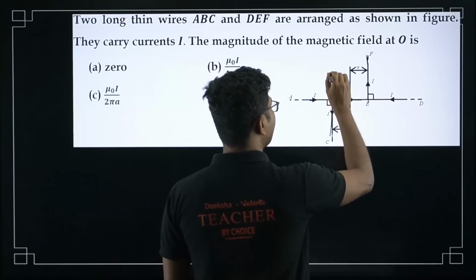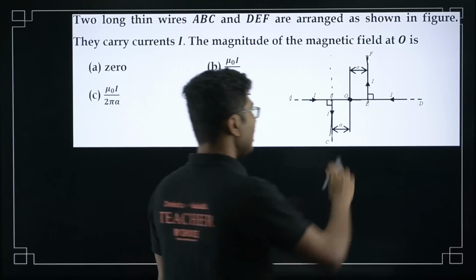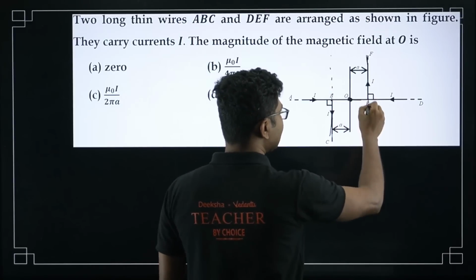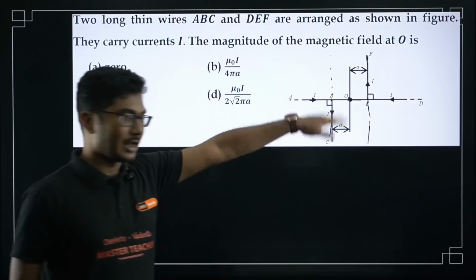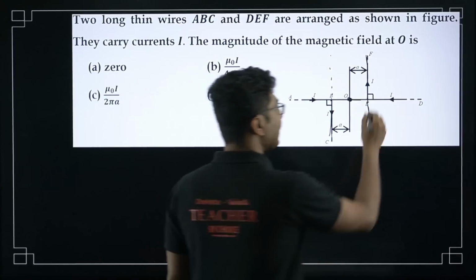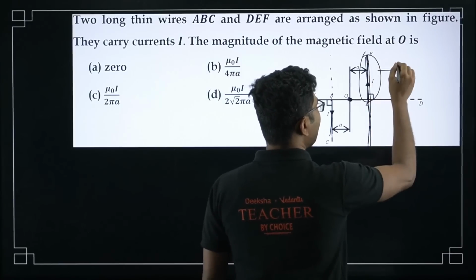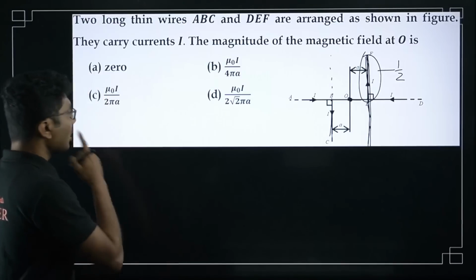Why am I saying half wire? Because to calculate the magnetic field we have the formula for a long infinite wire. If this is a long wire, the other half you have to consider on the other side. Similarly here also. So whatever is the magnetic field due to the long wire, it will be half of that. What is the formula for a long wire?